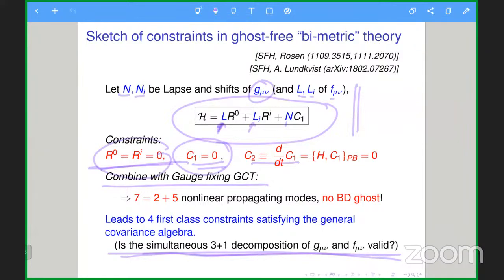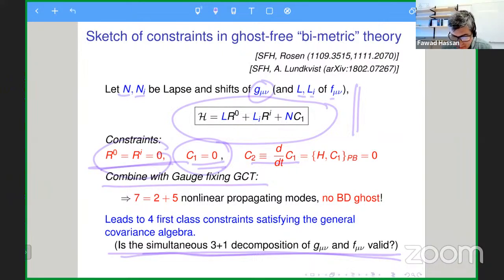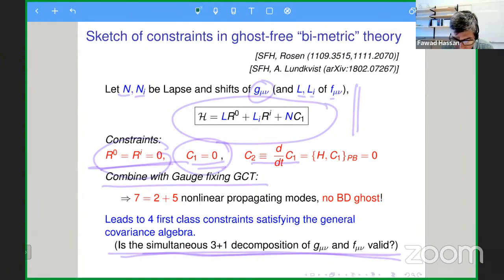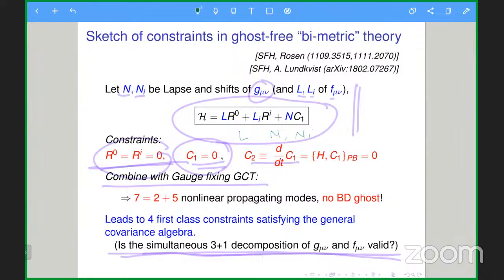Here you're writing the Hamiltonian using L and L^i and N. But shouldn't you be able to write it the other way? Very good, exactly. Yes, I can also write it in terms of N and N^i and L. So at some stage you have to make a choice, but they are completely equivalent.